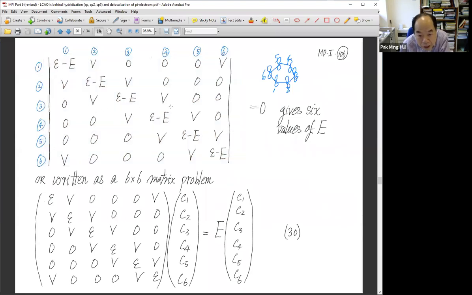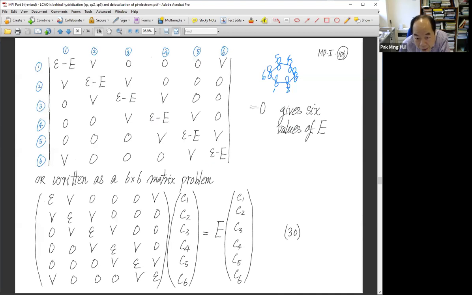So what we have been doing is that H11 is the carbon 2pz energy. And we have 6 identical 2pz, so we have epsilon, epsilon, epsilon, epsilon, epsilon. Now how about H12?